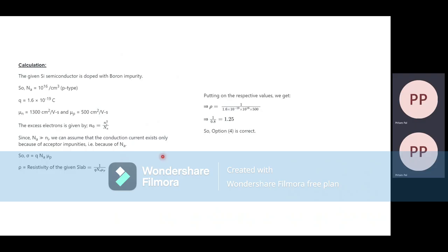The excess electrons from the mass action law is given by n naught equals ni square by Na.